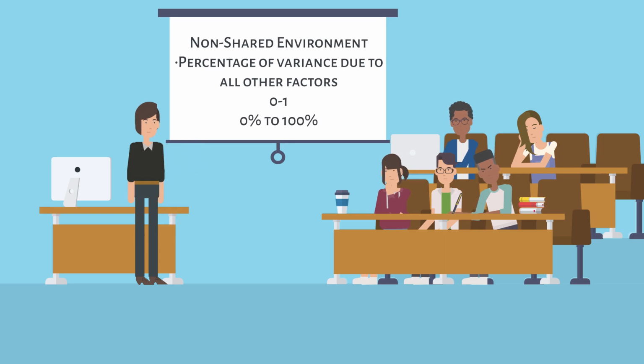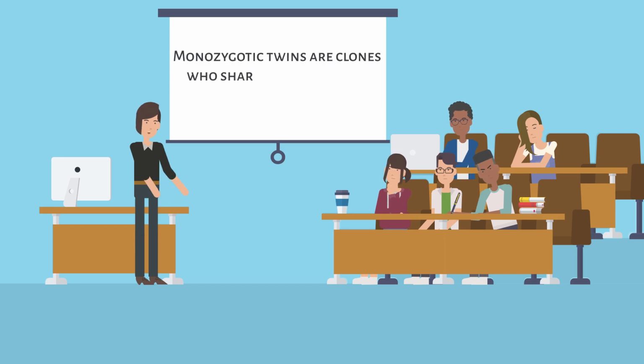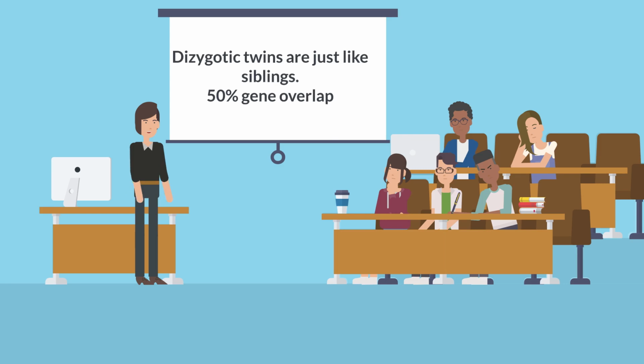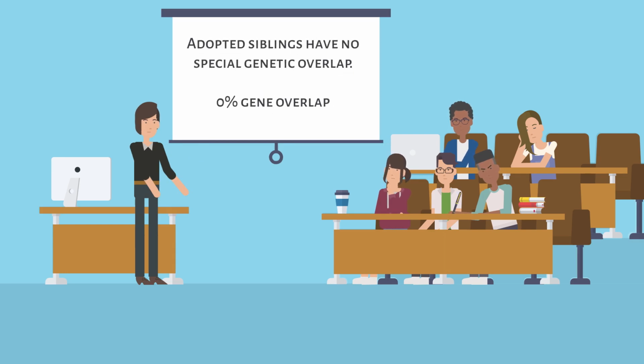For instance, you could look at monozygotic twins. Monozygotic twins are essentially clones. They share all the same genes, and one could compare them to dizygotic twins. Dizygotic twins, although they are born at the same time, are just siblings. They are regular old siblings. They have a 50% overlap in genes. And you could compare these to adopted siblings, which have no special genetic overlap.